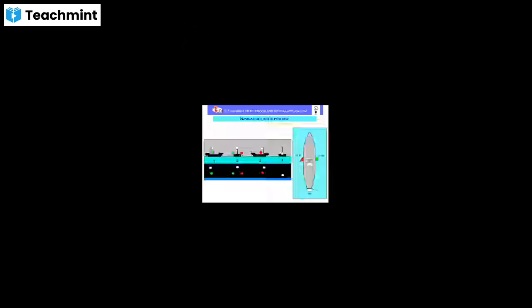In that photograph, number one shows a boat moving towards the right side, and it is known if the person only sees the white light and green light in that configuration.